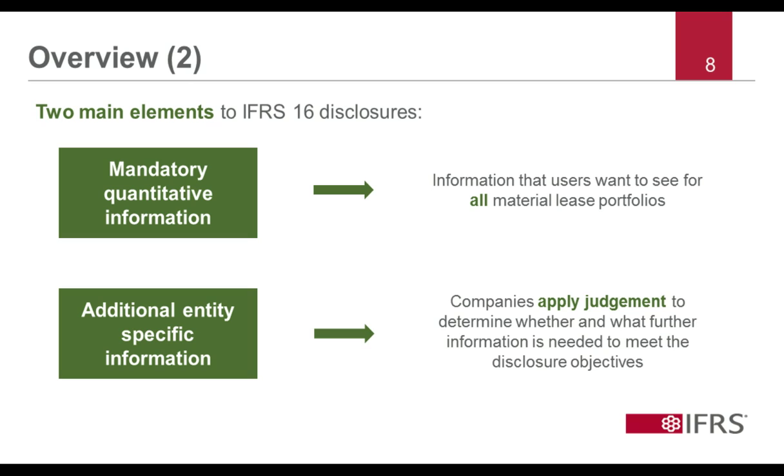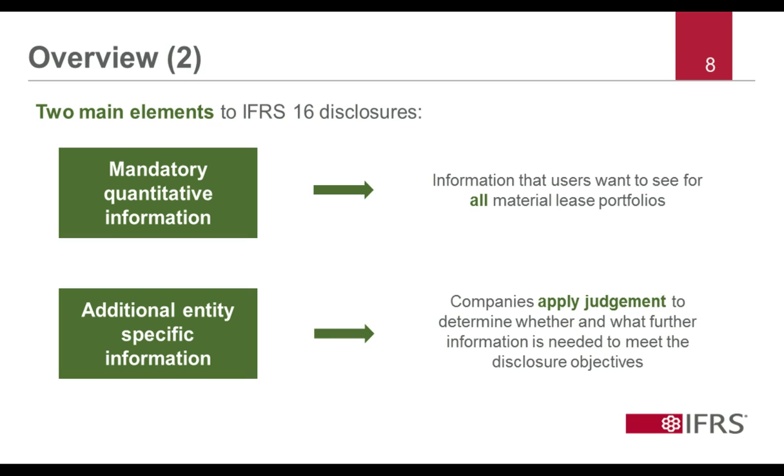In practical terms, additional disclosure will be needed if there is any information that users of financial statements would need in order to assess the effect that leases are having on the lessee's financial statements. The standard then goes on to give a list of examples of the kinds of things that a lessee might need to disclose in order to comply with this additional disclosure requirement.